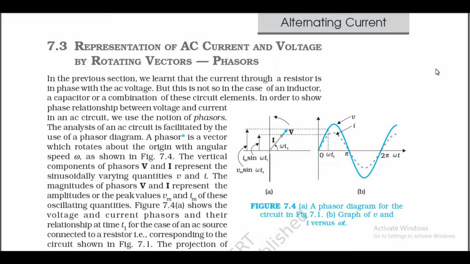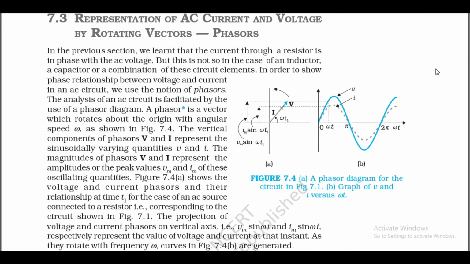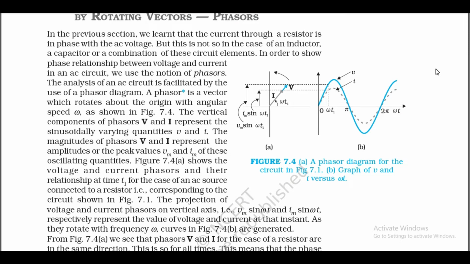A phasor is a vector which rotates about the origin with angular speed omega. As shown in figure 7.4, the vertical components of phasors V and I represent the sinusoidally varying quantities v and i.